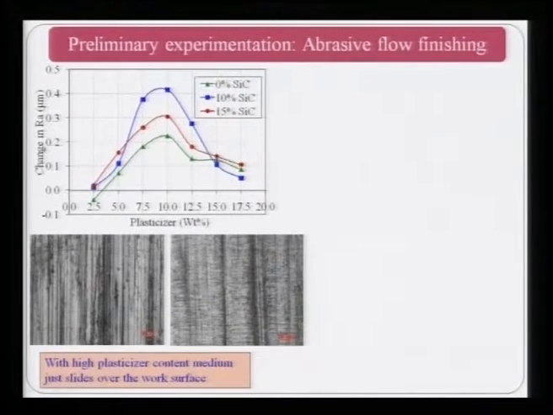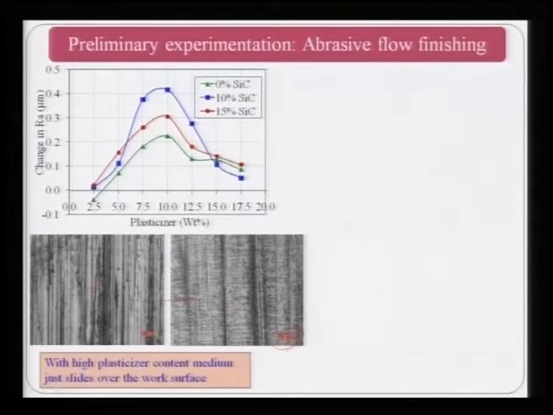This is the original surface obtained by the grinding process, and then after finishing for a certain number of cycles you can clearly see the qualitative difference between the two surfaces, and here is the scale shown over here. Now, you can see the distance between the two valleys has substantially increased, that means finishing has taken place substantially, while it is different in the case of the ground surface.